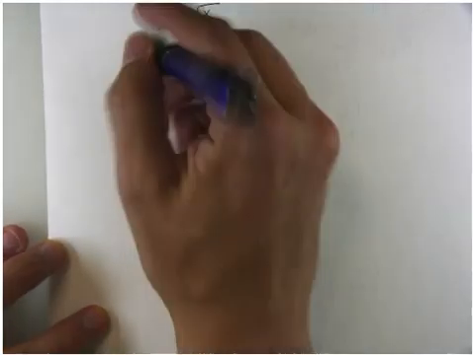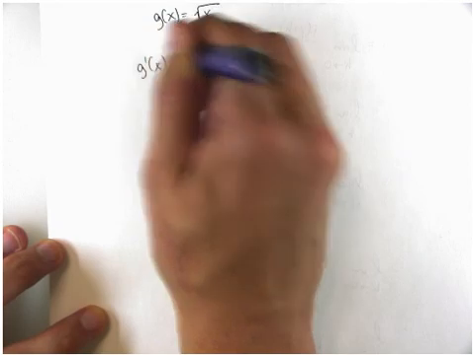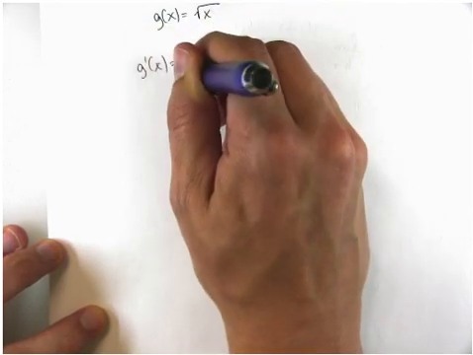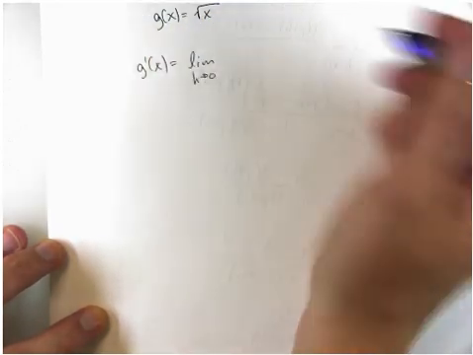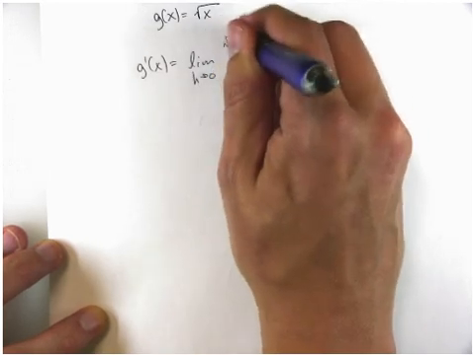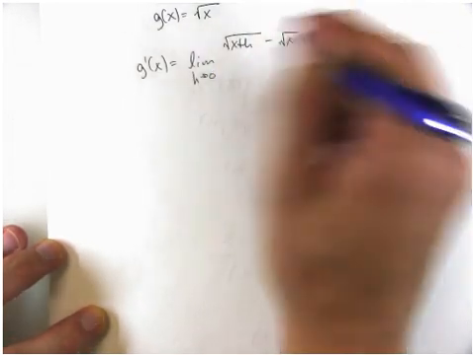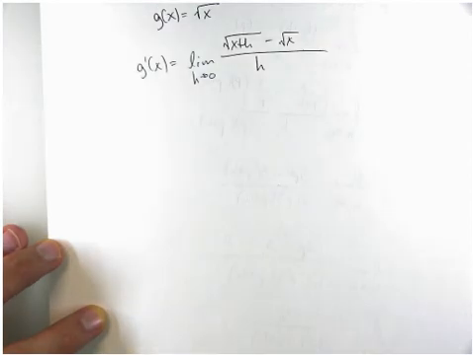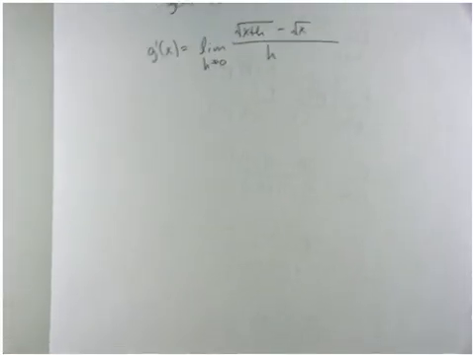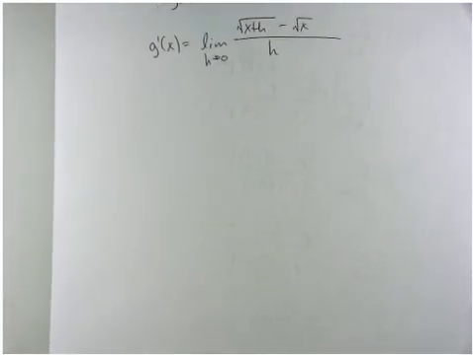And again, the derivative is defined by that same limit. The limit as h approaches 0, and you plug x plus h in, and then you subtract the original function, and you divide by h. Okay. This is called the difference quotient, and this is how the derivative is defined. This is the strict definition of the derivative. G prime is equal to this limit.